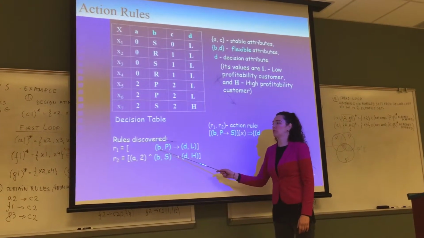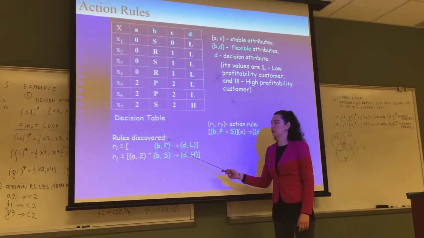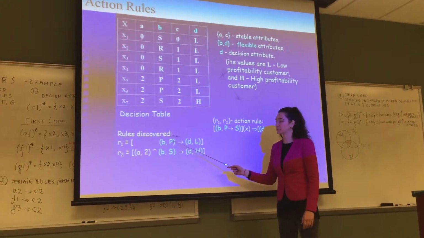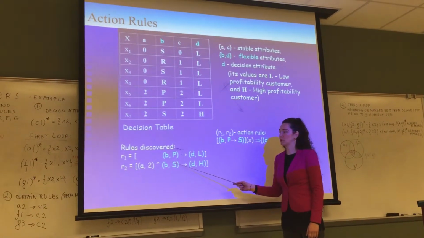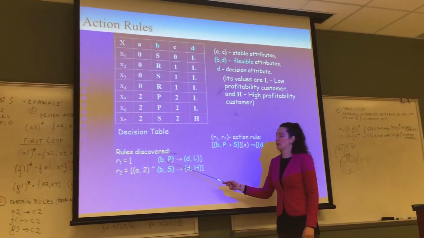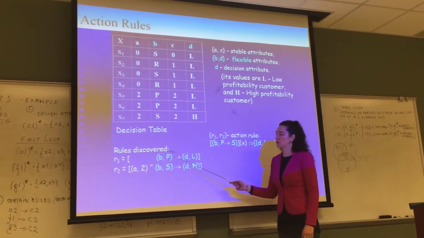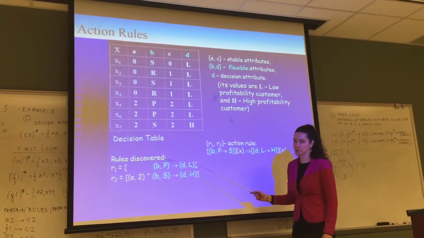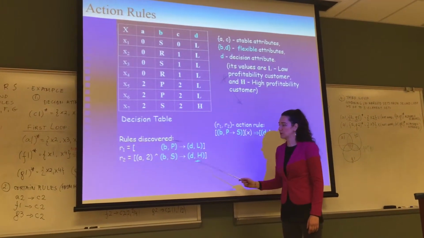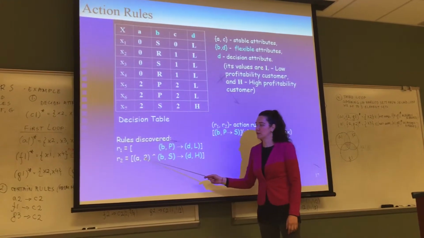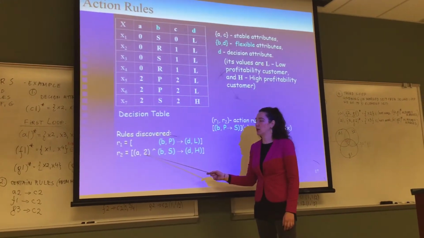This could be their education, bachelor degree, for example. This one could be master's degree. So let's say bachelor degree, low profitability. Master's degree, high profitability. This is something that we can't change.